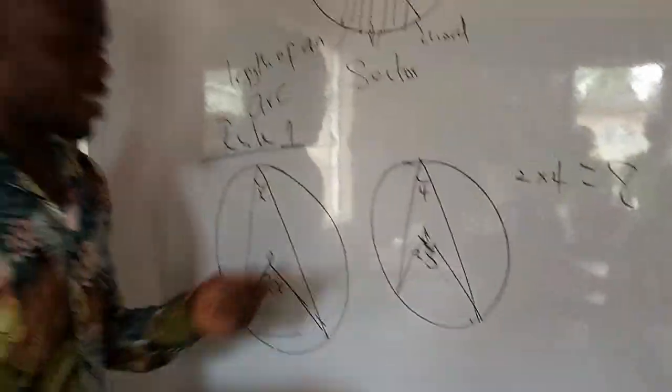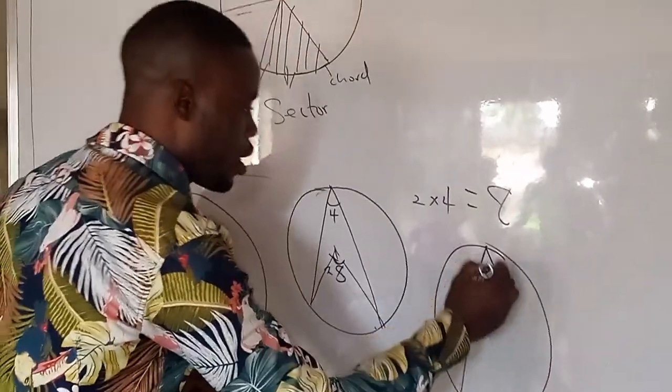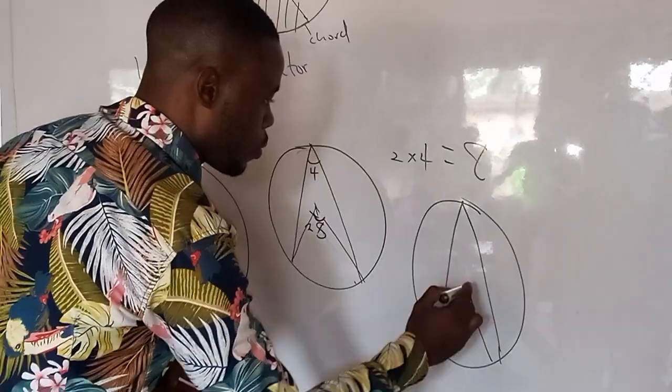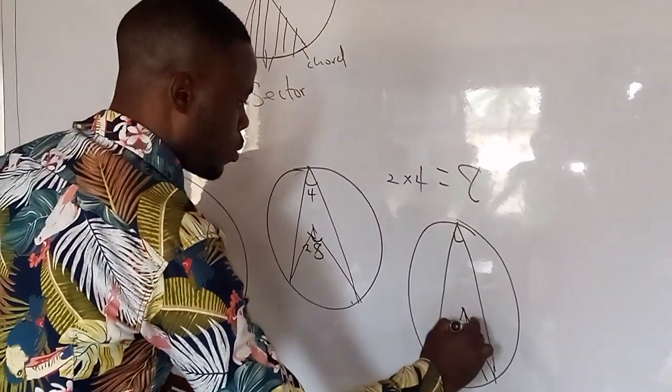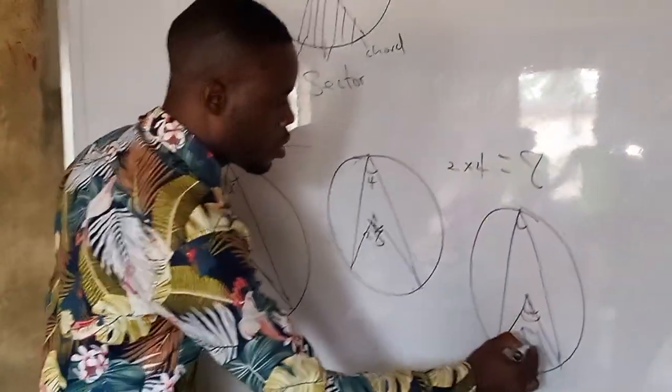In the same way, you can also solve it if you are given a missing number in the circumference, whereby you are given 8.